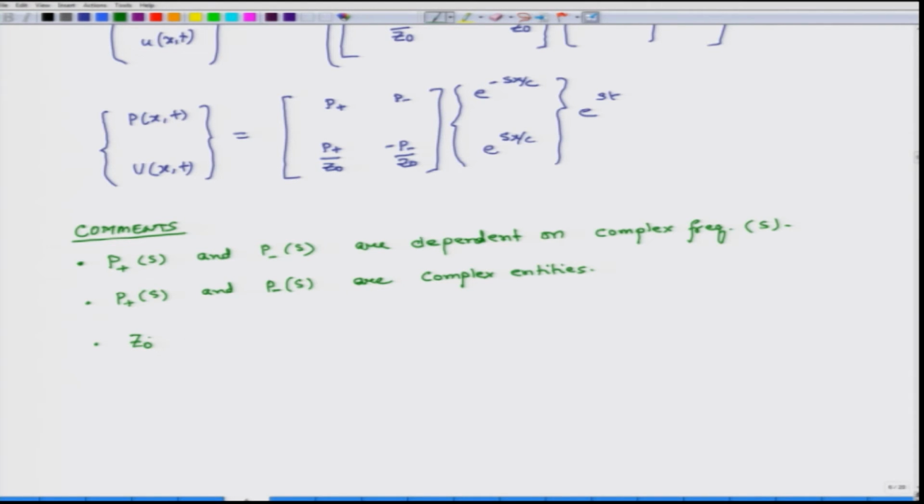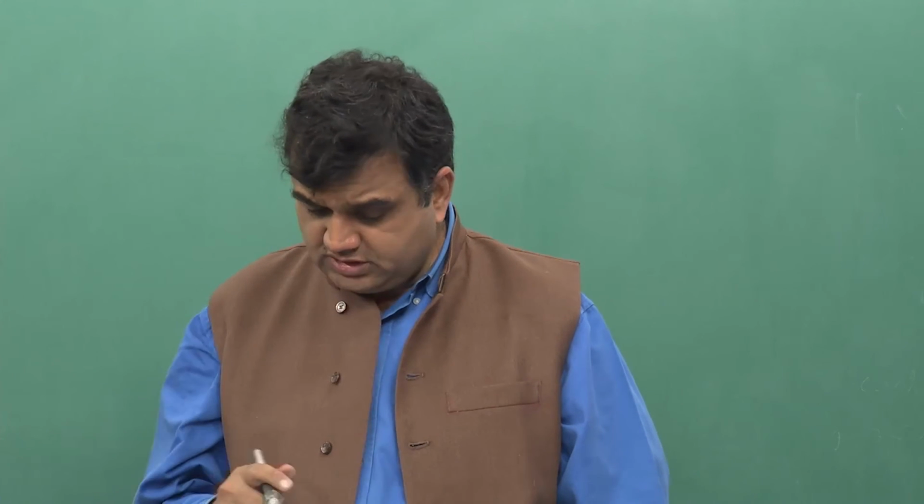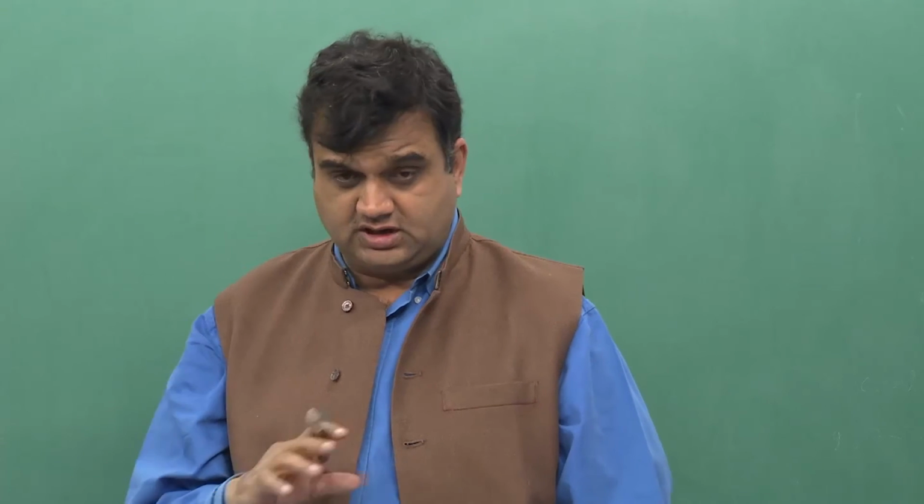Third thing, Z naught is called characteristic impedance of medium and it is equal to rho naught C. So, what is rho naught? Rho naught is the density of the medium and C is the velocity of sound in the medium. So, this Z naught does not depend on the boundary conditions, it only depends on the medium.